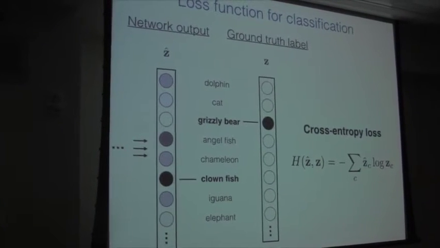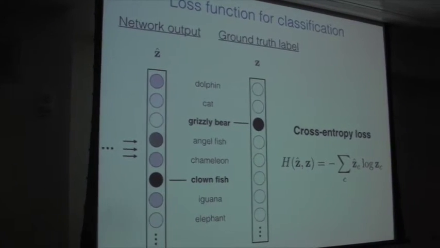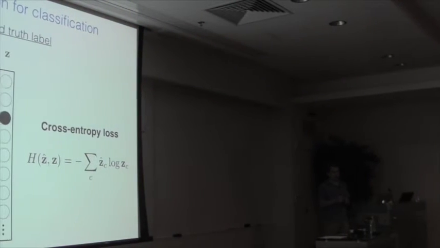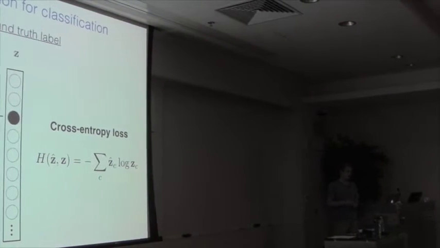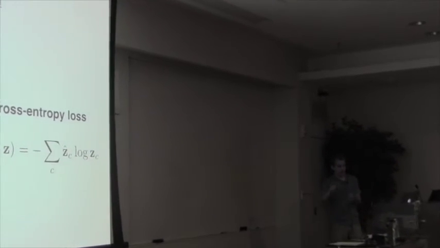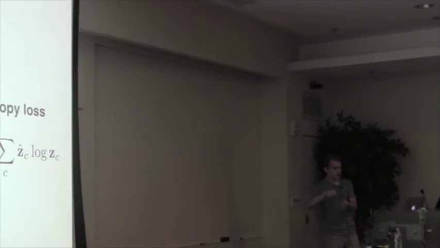Okay, so the bigger picture idea here is that for whatever problem you have, you have to define some kind of penalty for how different your predicted output is from the ground truth output.